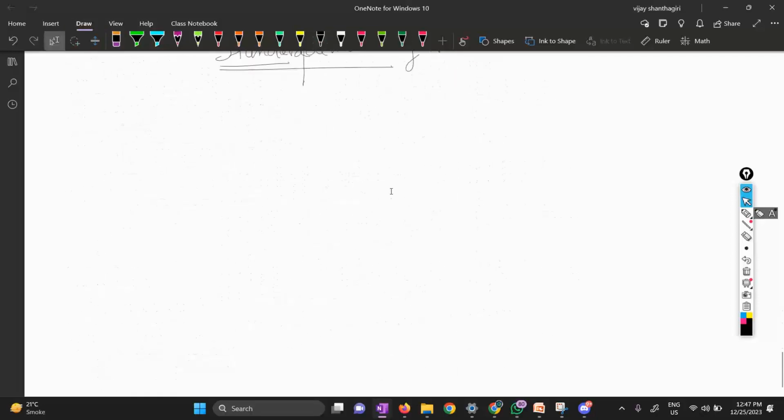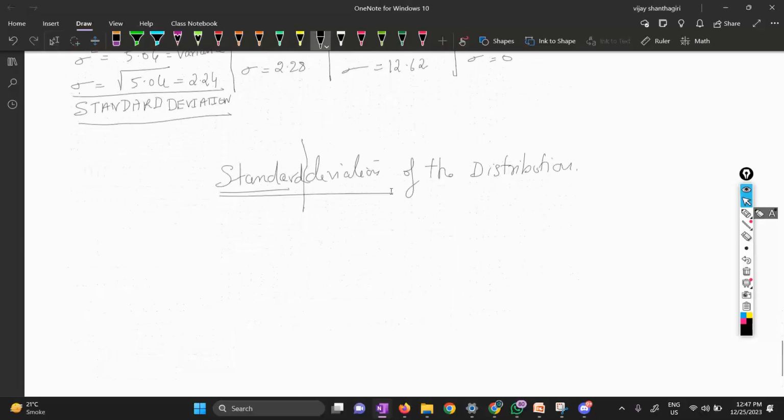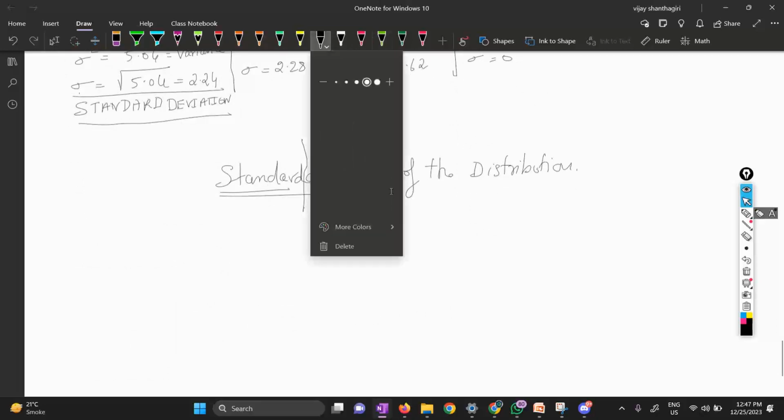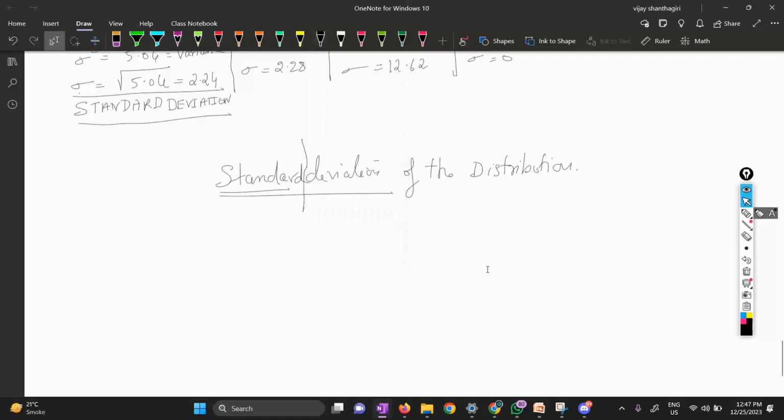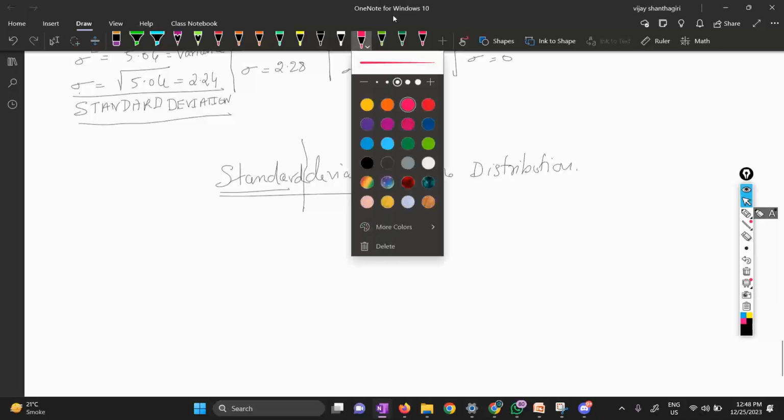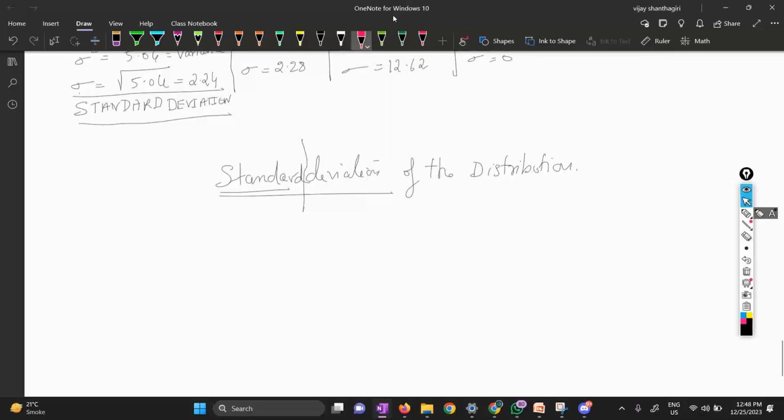This standard deviation is, okay, the currency of change in the distribution.